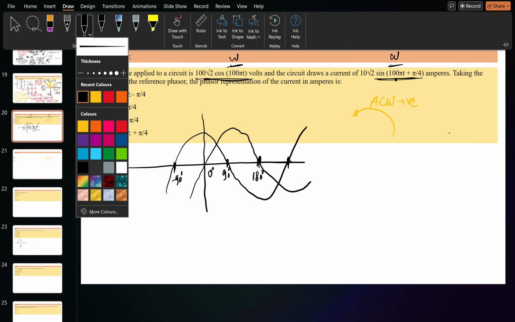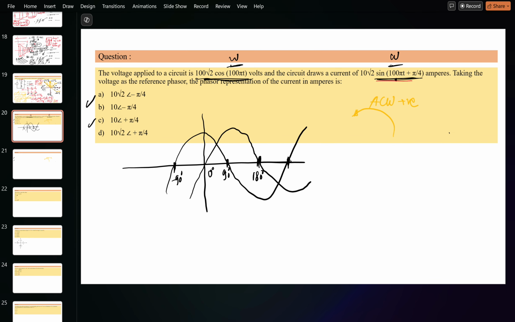Let me take another pen. How do we draw sine omega t plus pi by 4? Sine starts from 0, but this will start from 45 degrees, so it will move something like this. Here the angle is 180 degrees plus 45 degrees.